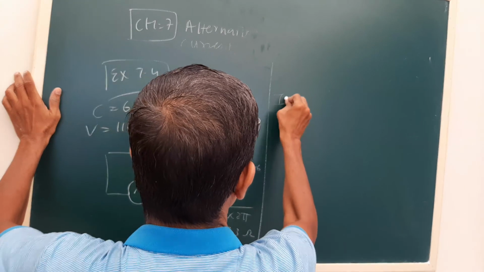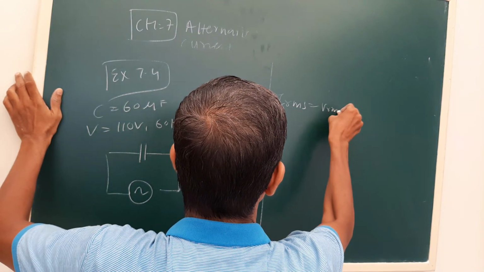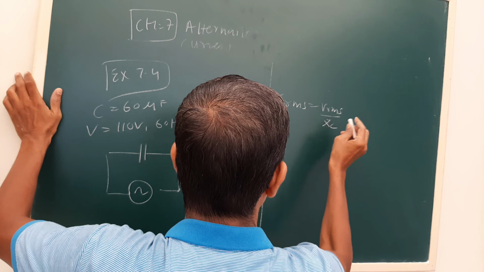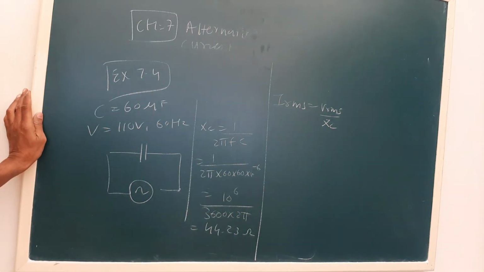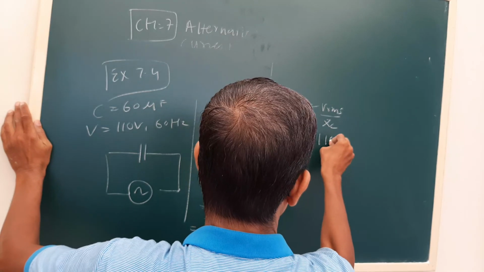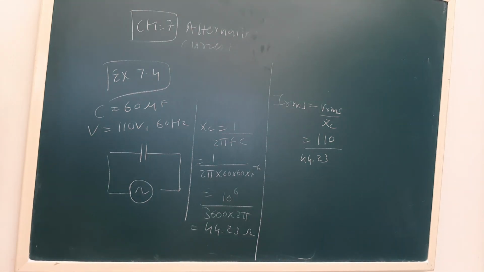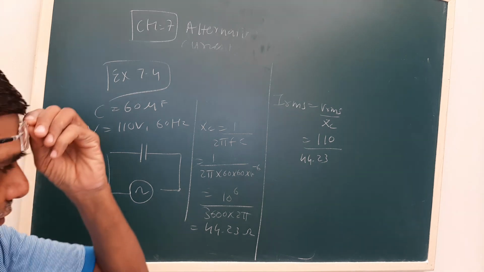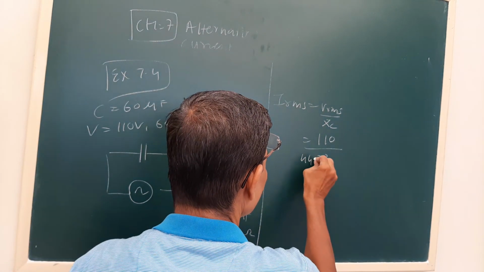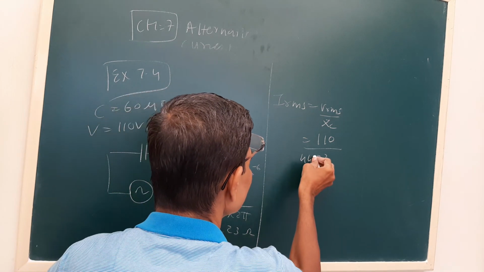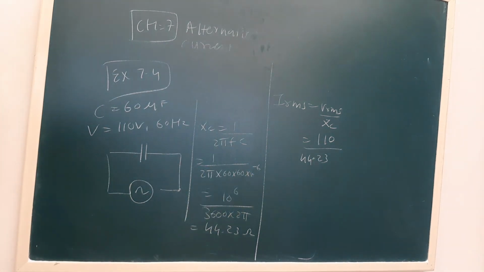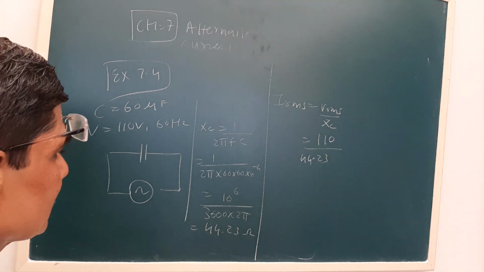Now IRMS is VRMS upon Xc. Since it is a circuit with only a capacitor, Z is equal to Xc. VRMS is 110 here; the voltage is different, 110 volt. So we have to take care while calculating. The capacitive reactance is 44.23 ohm, so we calculate 110 divided by 44.23. So that is the RMS current.